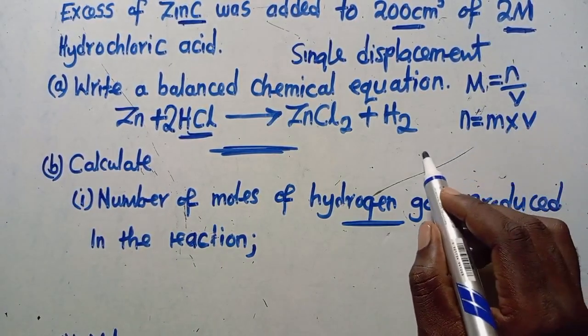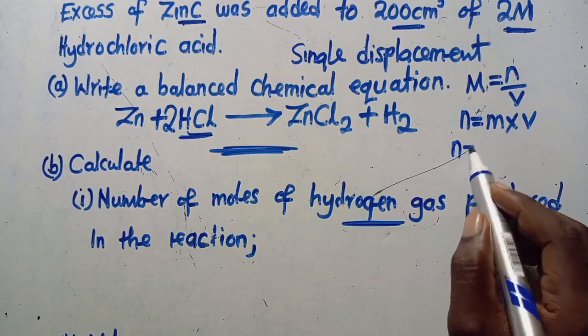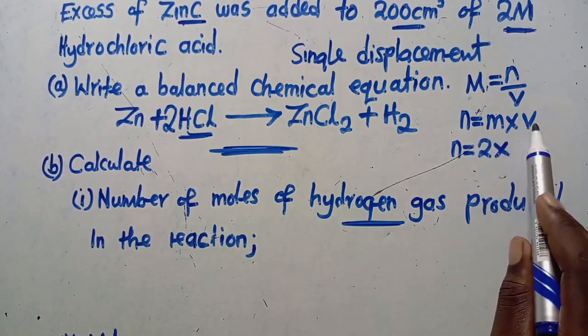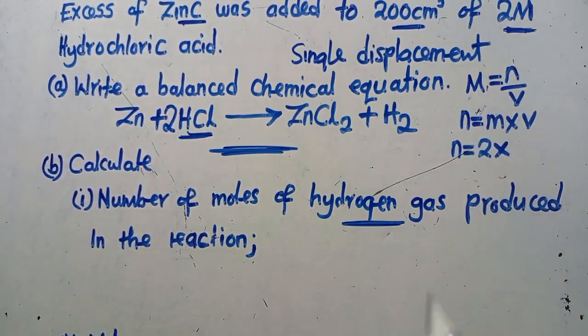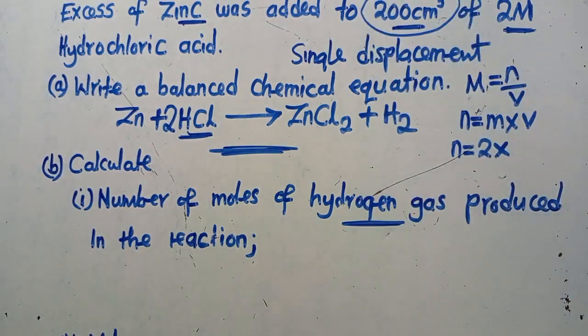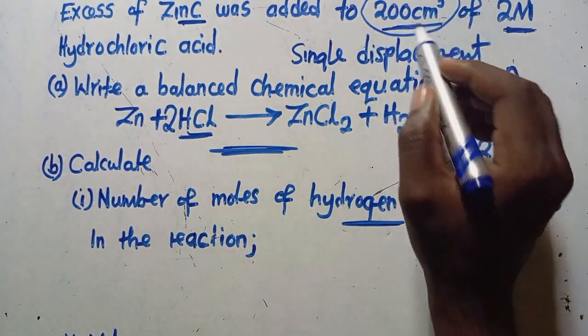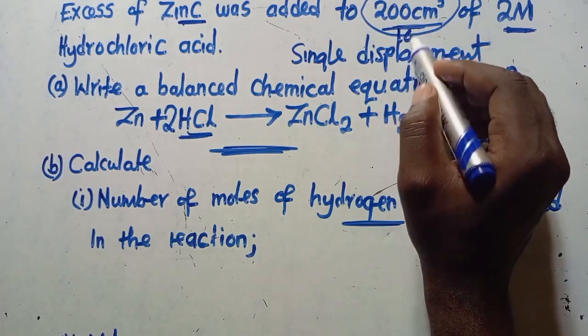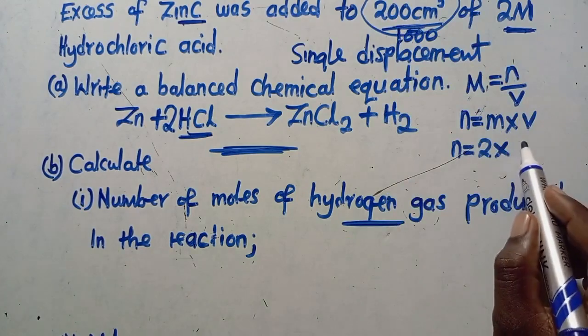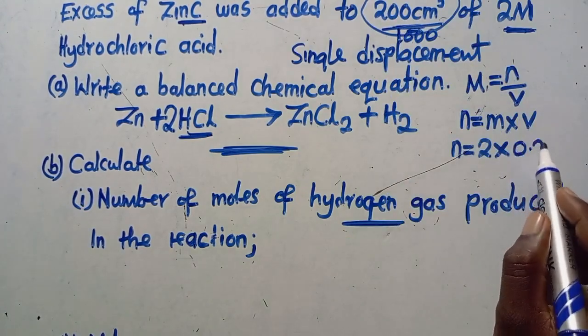Which means that the number of moles is equal to molarity, which is 2, times the volume. Molarity is in moles per cubed decimeters, so I need to change this volume to cubed decimeters. What am I going to do? I divide by 1000. 200 divided by 1000, I'm going to get 0.2.